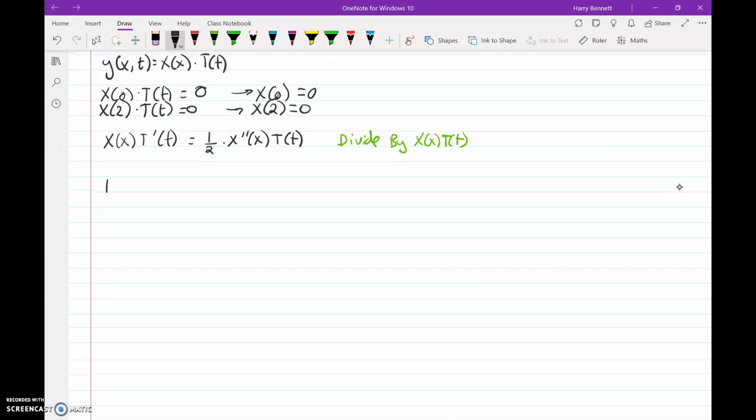So this will give us T primed of t divided by T of t is equal to 1/2 X double primed of x over X.